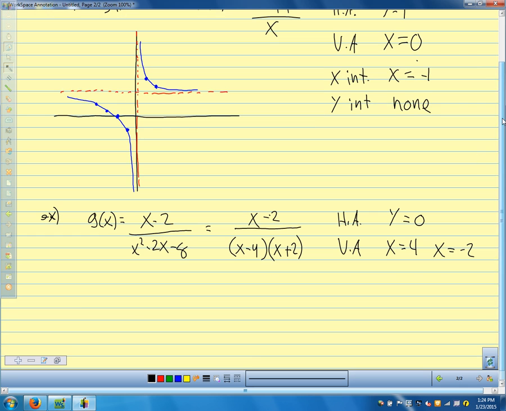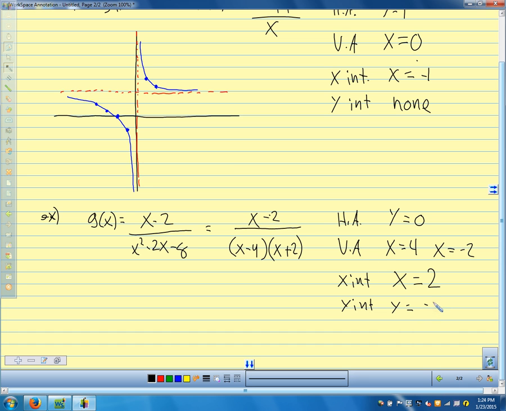Let's find our intercepts. X-intercept when x equals what? 2. When the numerator is equal to 0, 2. Y-intercept, plug in 0, so we can write this out.